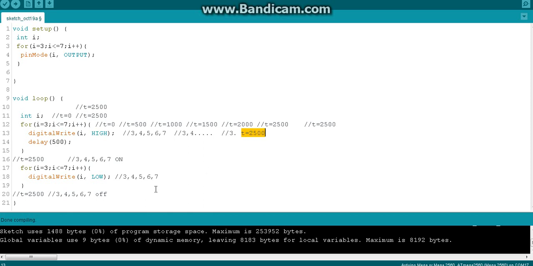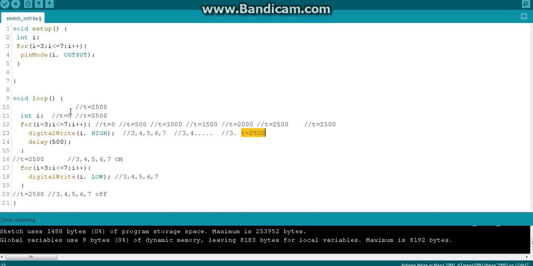Now look at this. In the previous iteration of the void loop, when we switched off the pin number 3, t is equal to 2500. In the next iteration of the void loop, we switch on the pin number 3, still t is equal to 2500. So the same time, t is equal to 2500.